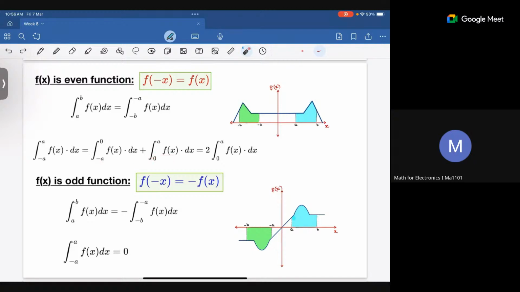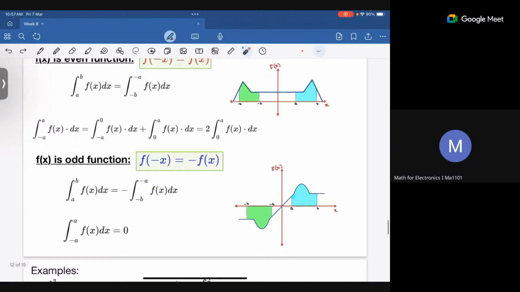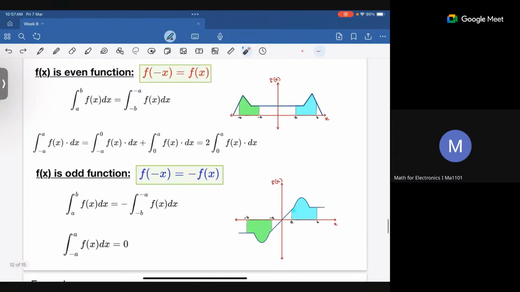These two areas are equal because from the first property you can say they are equal. Therefore I can write twice the integral from 0 to a of f of x dx. You compute this area and take twice of it, and that will give you the whole area, right? And this will only be true when f of x is even. Only then can you replace it with this form.